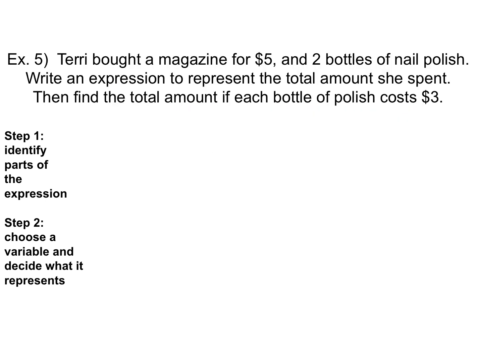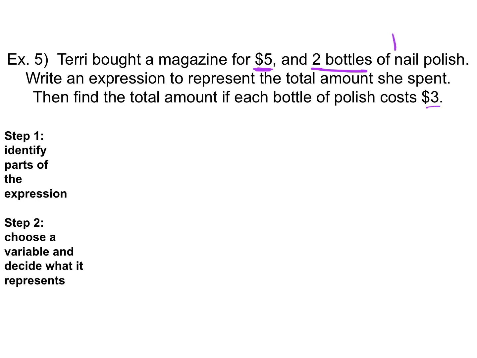Example 5. Terry bought a magazine for $5 and 2 bottles of nail polish. Write an expression to represent the total amount she spent. Then find the total amount if each bottle costs $3. So I know that we've got $5 that she spent, plus she has the 2 bottles of nail polish. Do we know the price of the nail polish?